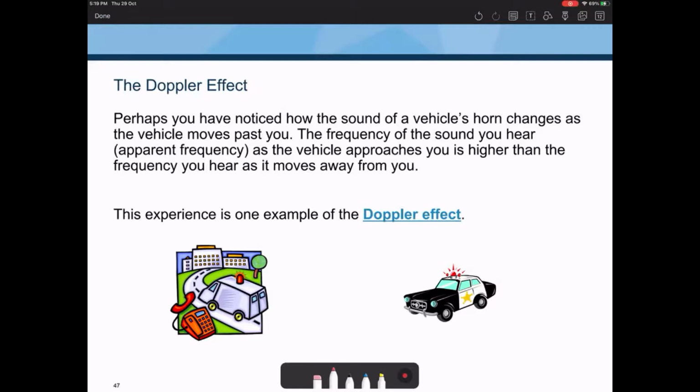To the policeman inside the car, the frequency is still the same. But to the observer outside, whether the police car is moving toward the observer or moving away from the observer, this would have a direct influence on the frequency observed.